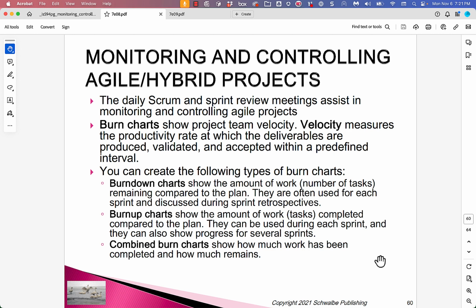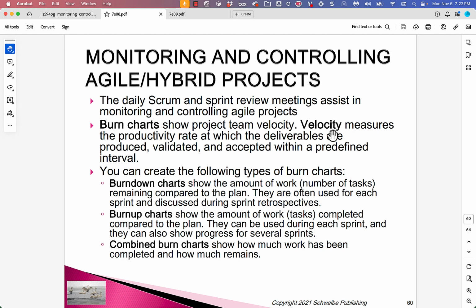We could create documents to help us monitor and control: burn charts, which would include burn down charts where we show all the work to be done in the sprint and how we're burning it down, or burn up charts, which show what we've completed in the sprint, or a combination of that, sometimes called a combined burn chart.